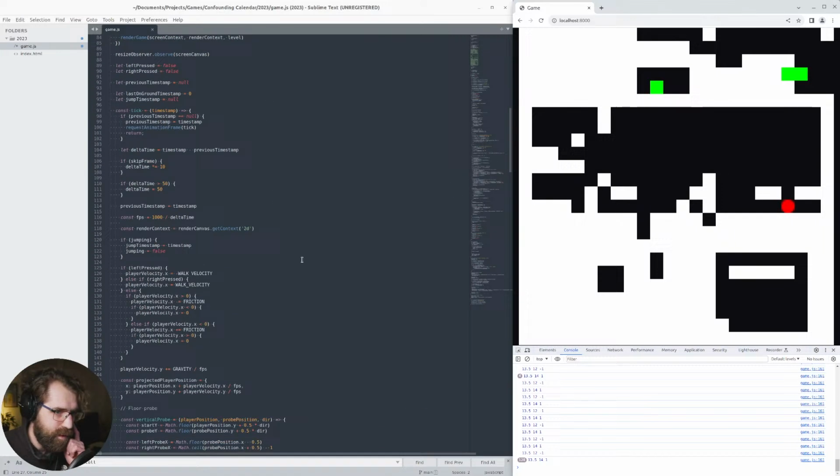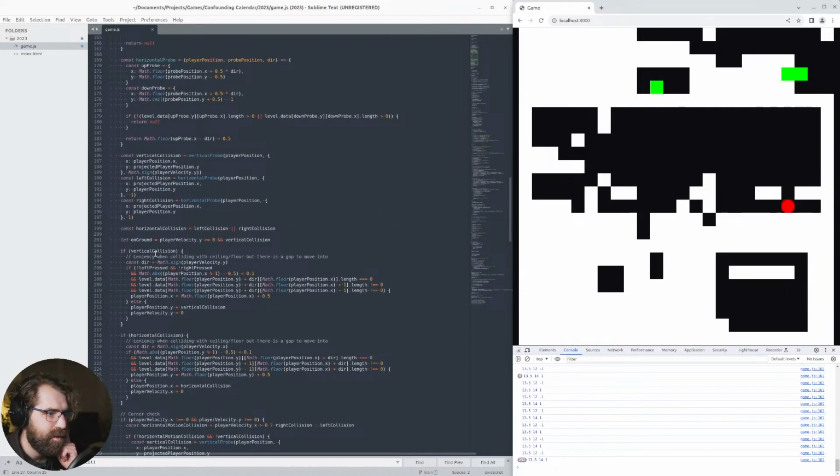Did I do something that was directionally dependent? I might have done, actually. Vertical collision direction, so that'll be -1. I think this should work.